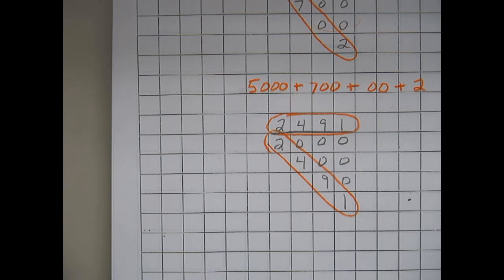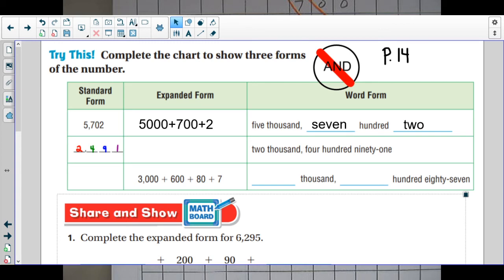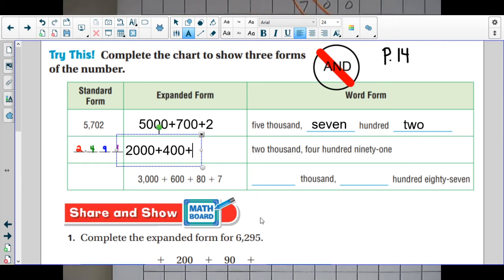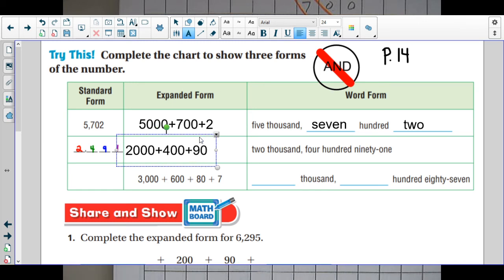So, using that right there, we know we've got, let's come back up to here. We had 2,000 plus 400 plus 90 plus 1.